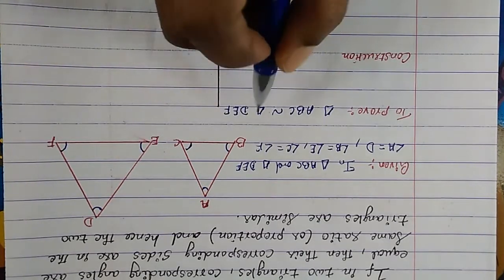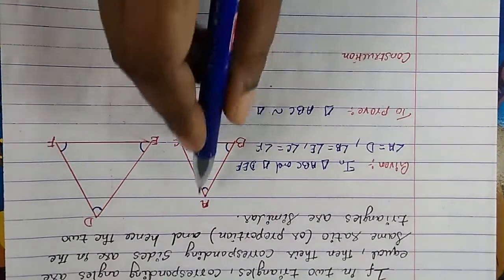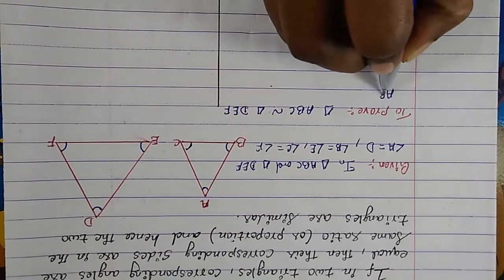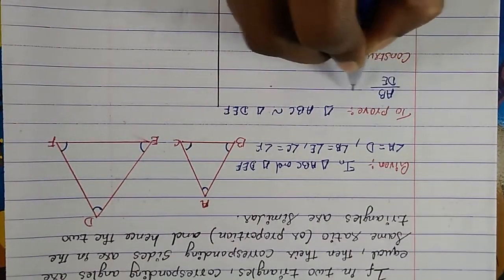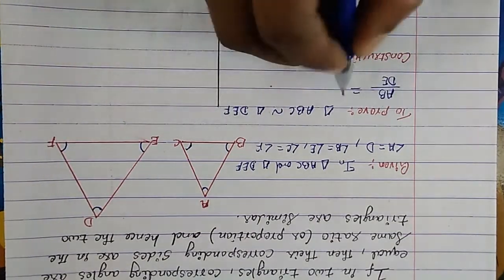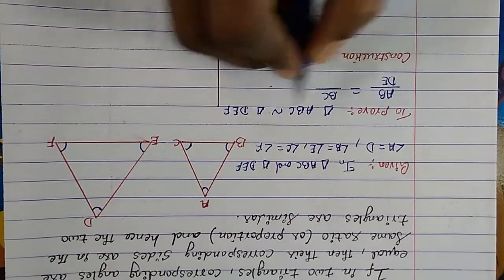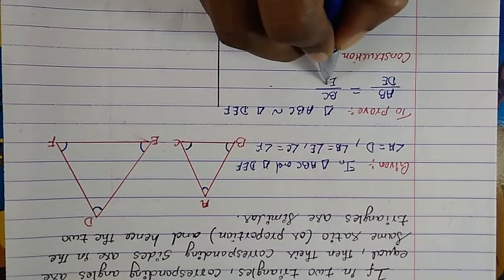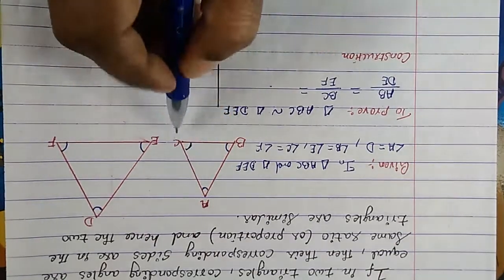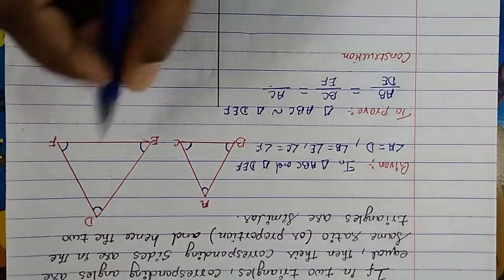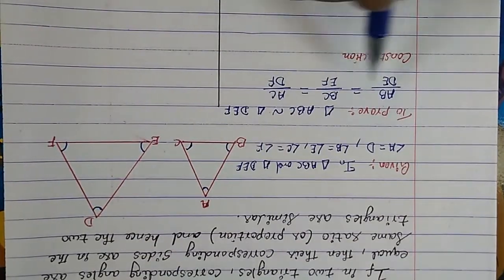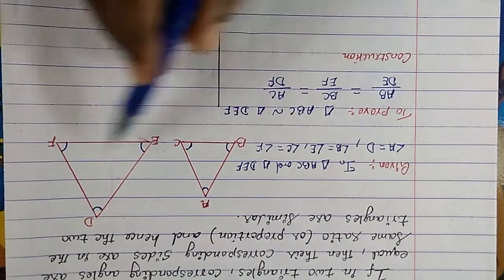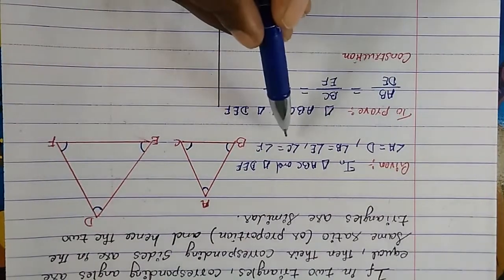To prove this, we have to prove that AB upon DE is equal to BC upon EF is equal to AC upon DF.